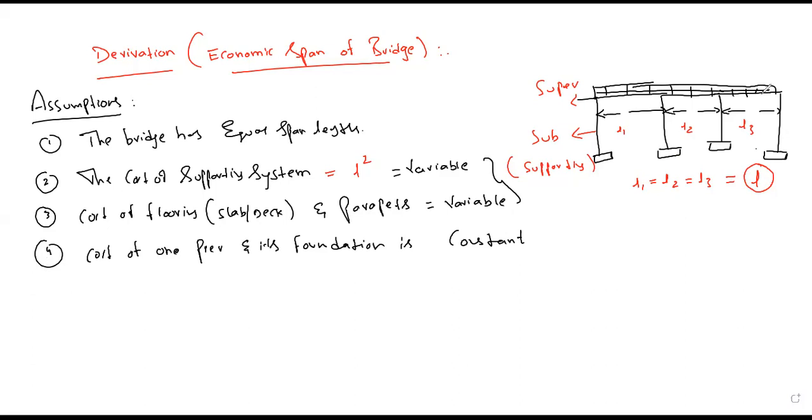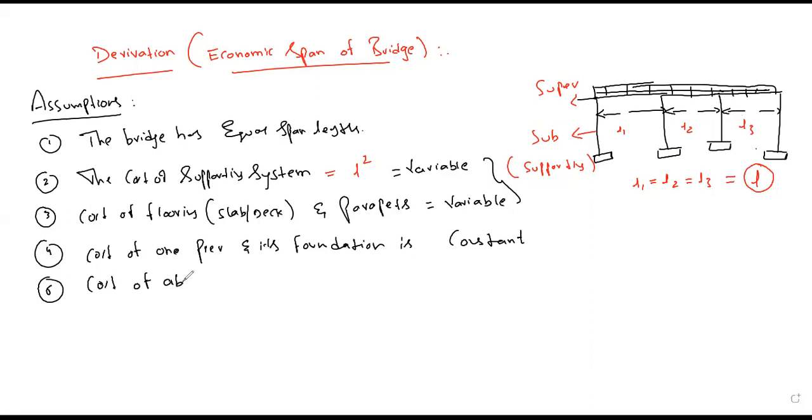It won't depend on the span, isn't it? Yes or no? Will the cost of pier and foundation depend on the span? No. So the cost of one pier and its foundation is constant. That is also one of the important assumptions we have to draw for calculating the economical span of the bridge.